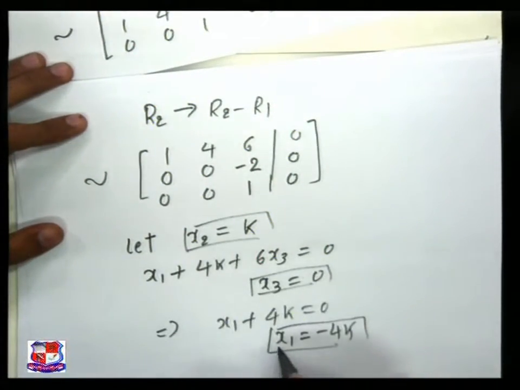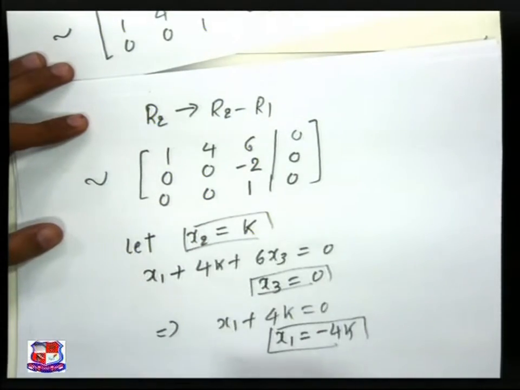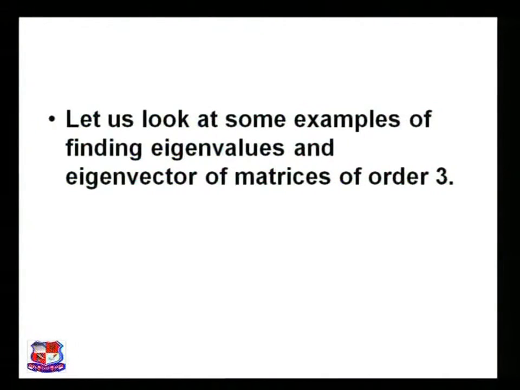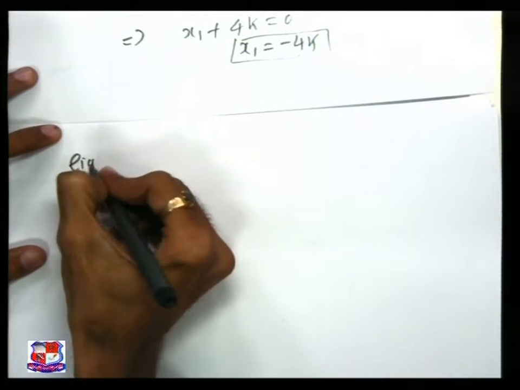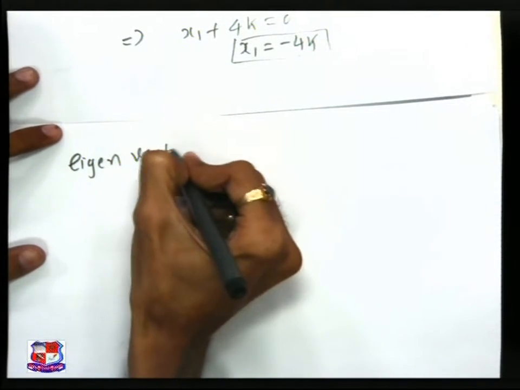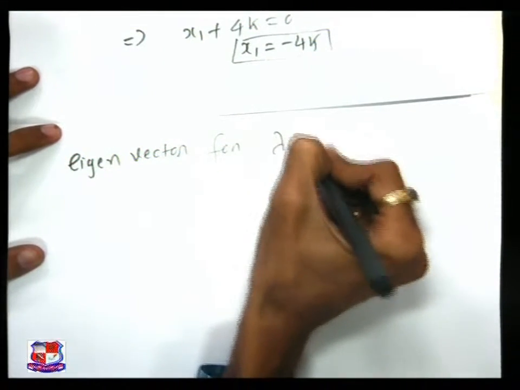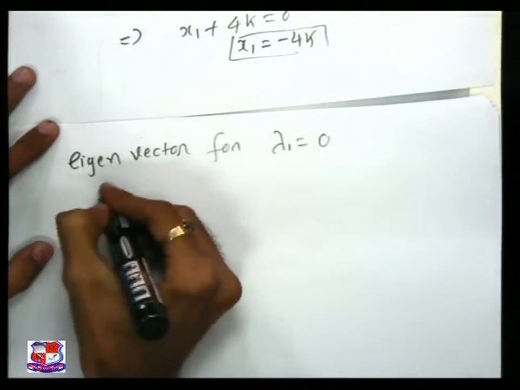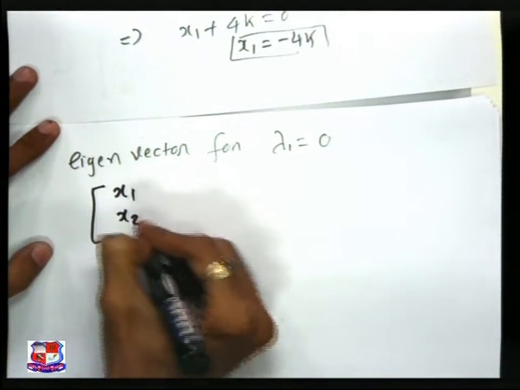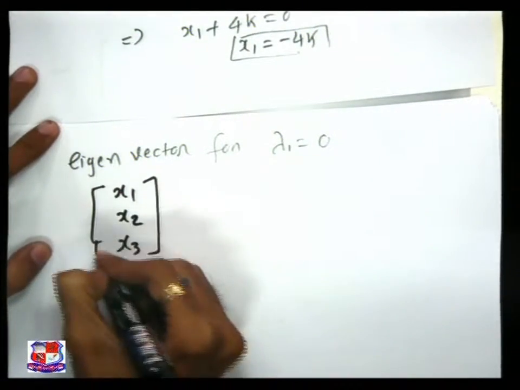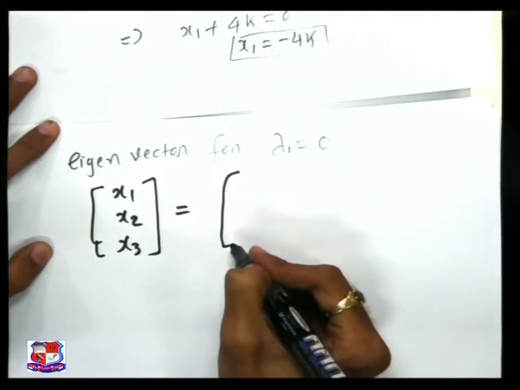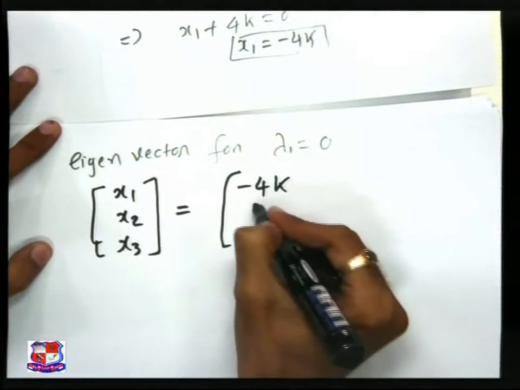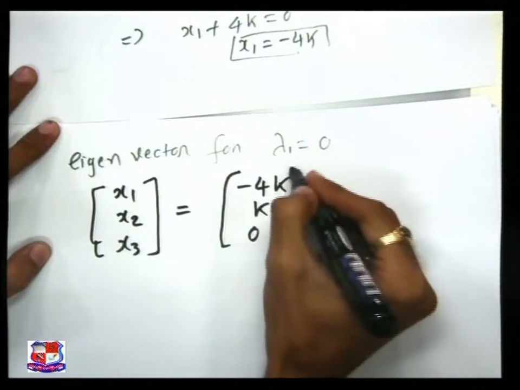So we have the values of x1, x2 and x3. Now we can say our eigenvector for lambda is equal to 0 is x1, x2, x3 equal to minus 4k, k, 0.